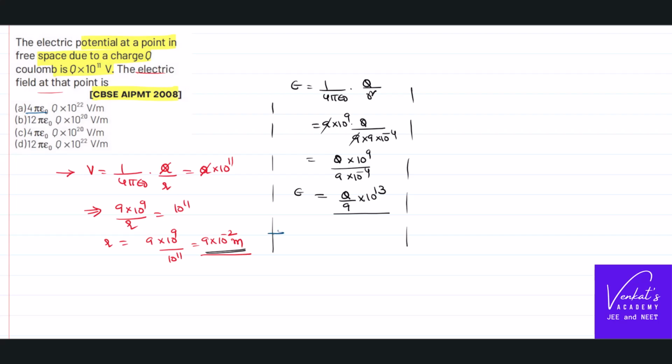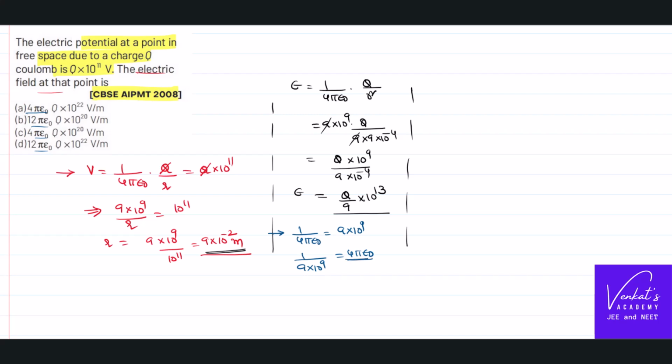Here we know 1 by 4 pi epsilon naught is 9 into 10 power 9. That implies 1 by 9 into 10 power 9 is 4 pi epsilon naught. If you see in the questions, 4 pi epsilon naught is there everywhere, so I have to get that 4 pi epsilon naught.